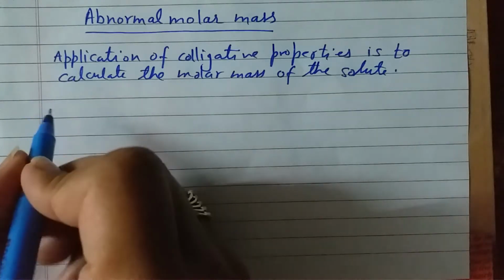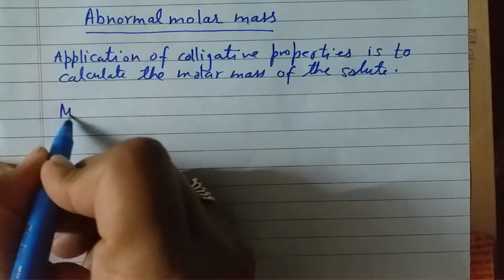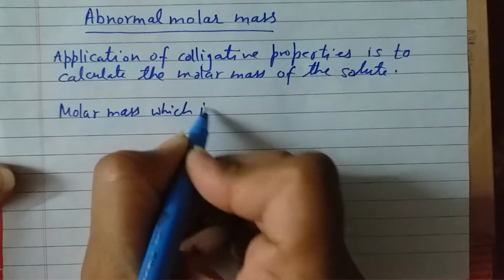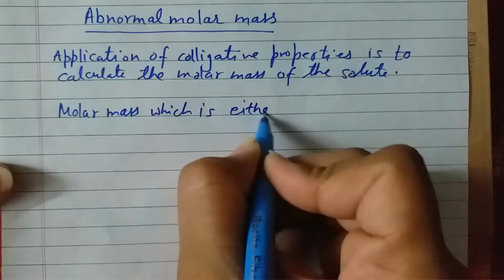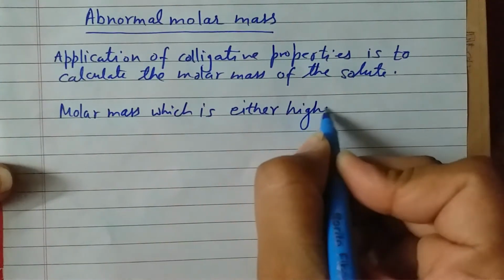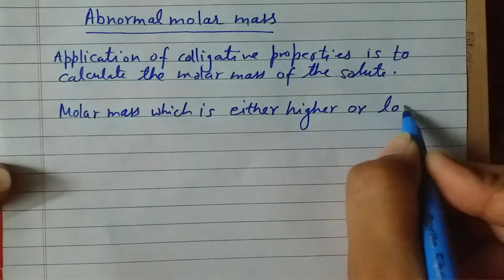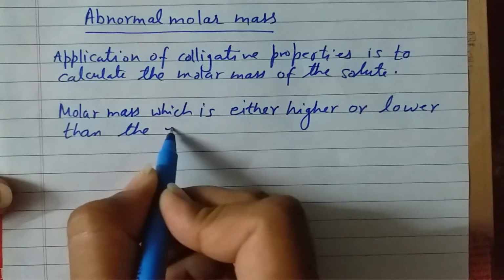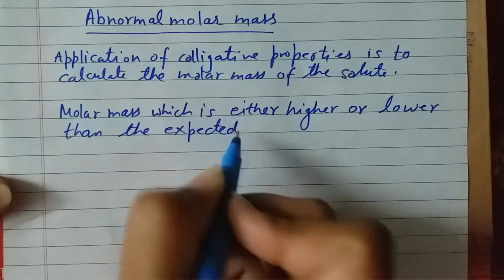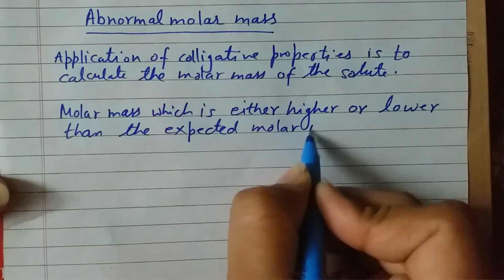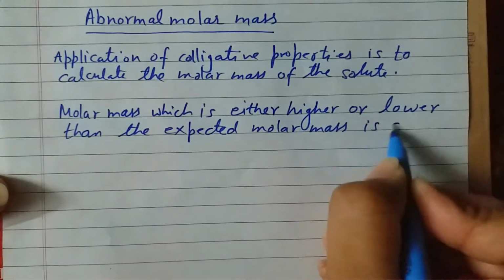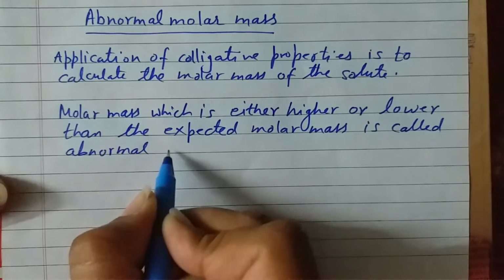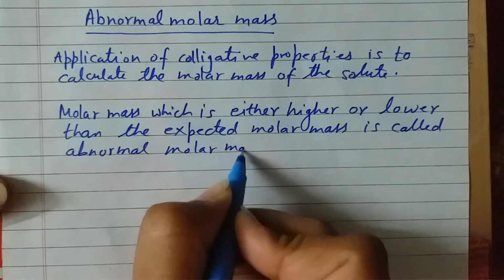Then what is this abnormal molar mass? First of all, let's see. Molar mass which is either higher or lower than the expected molar mass is called abnormal molar mass.